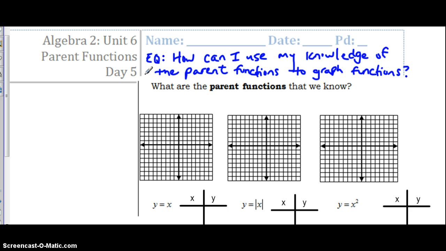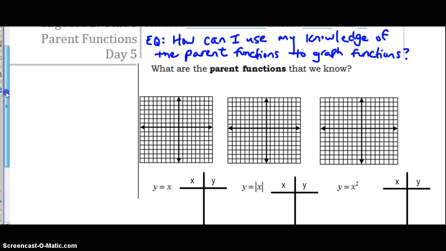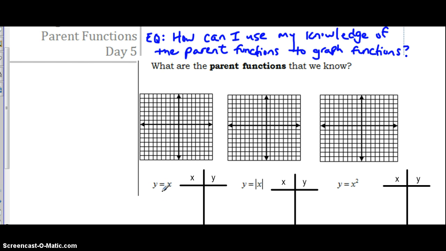So let's go ahead and get started. Our first one is realizing what parent functions we know. And the 3 that I listed, and we actually know a 4th one already, but the 3 that we're going to review today are, first, y equals x, which is our line.